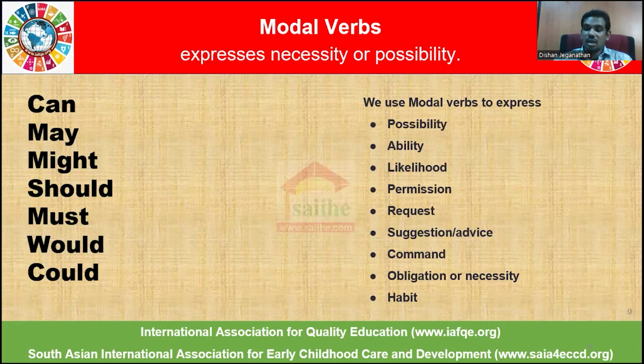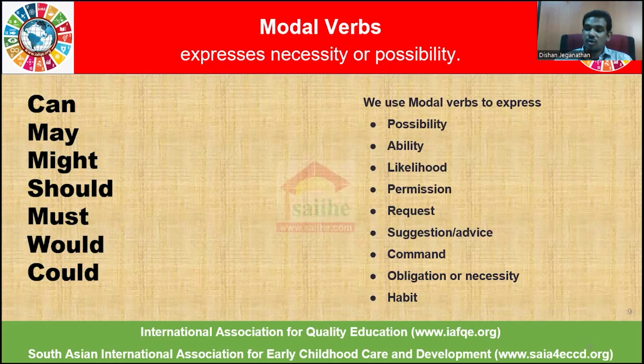Can and could express ability, possibility, or asking or giving permission. Must is used to express a strong necessity or to express that something is very likely to be true. May and might are used to ask or give permission.